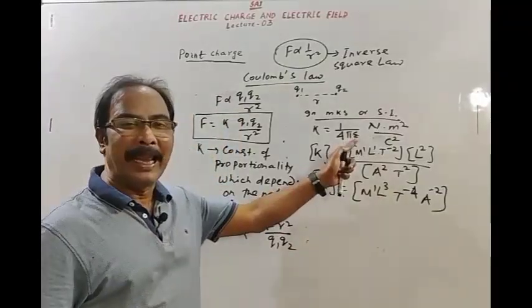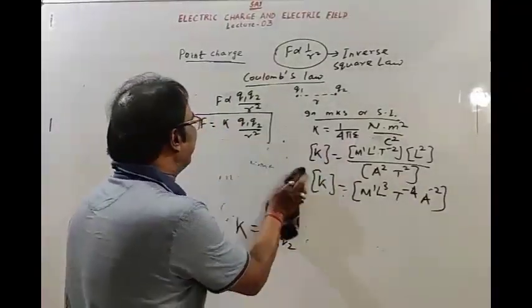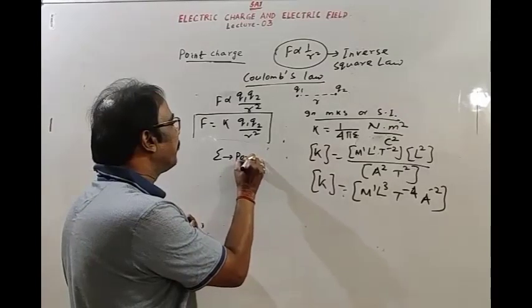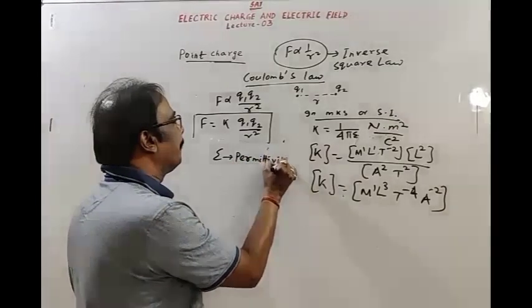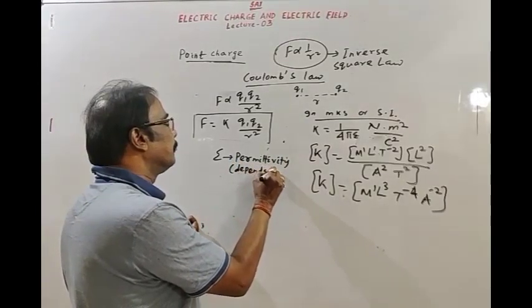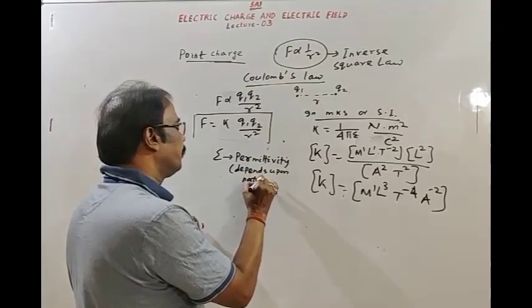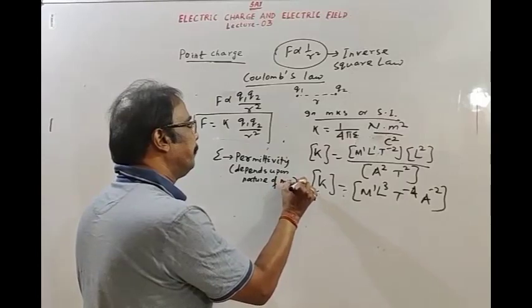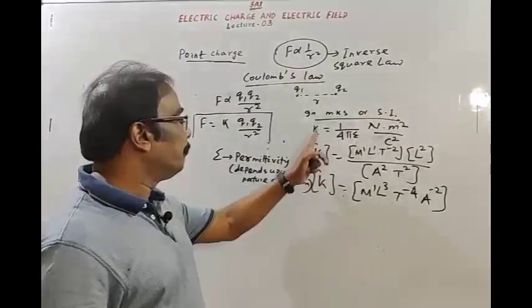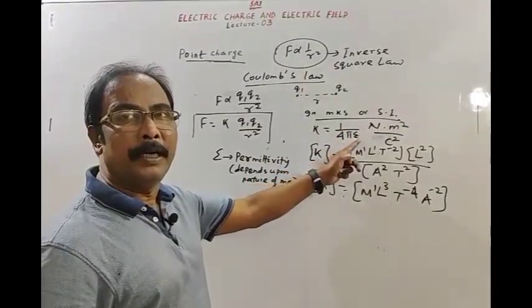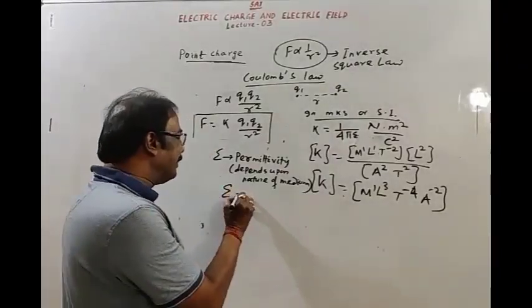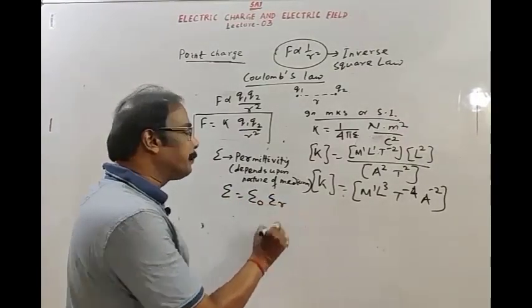Then, epsilon is equal to epsilon naught into epsilon r.